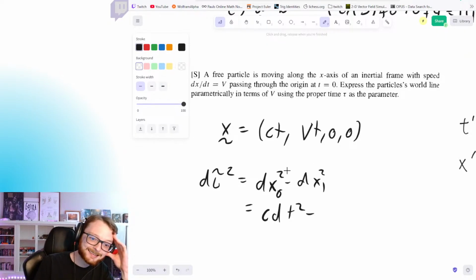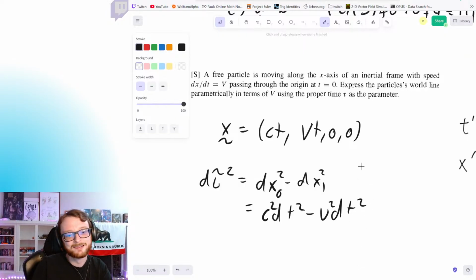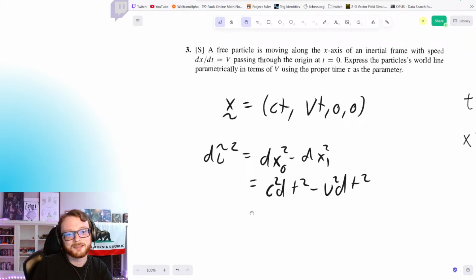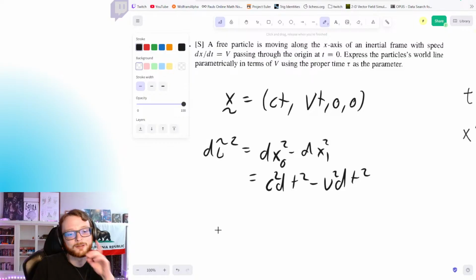So in its own frame, it's a free particle. It's a free particle, so we see it moving with speed v, right? Is that what it is? Yeah, that's the fixed speed we measure. Passes through the origin at t equals 0.